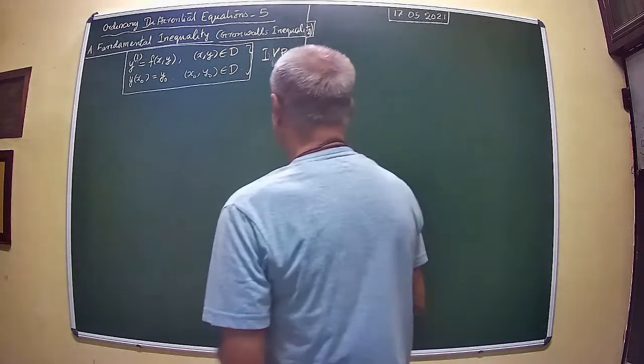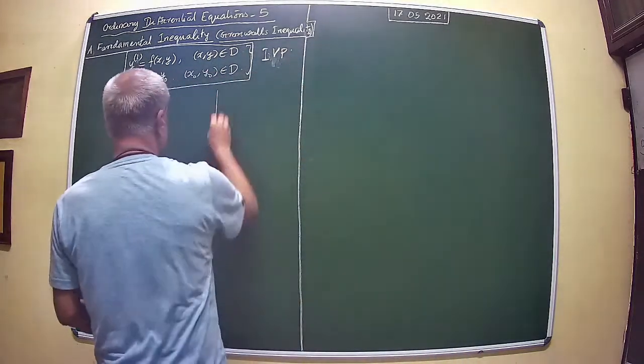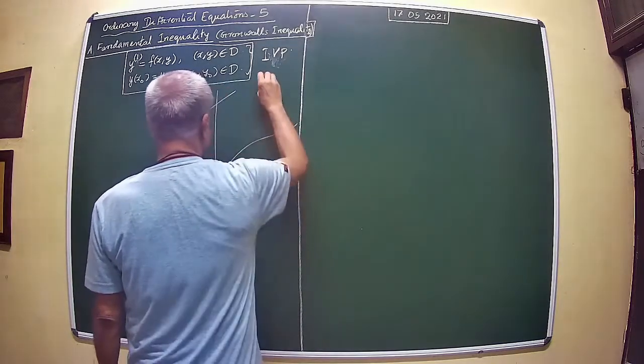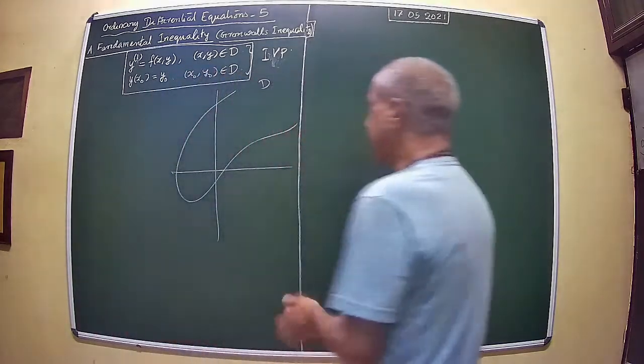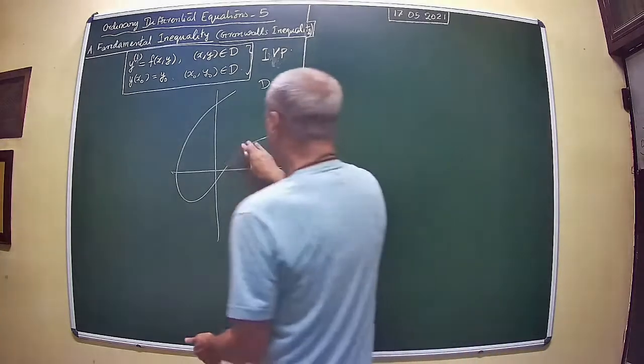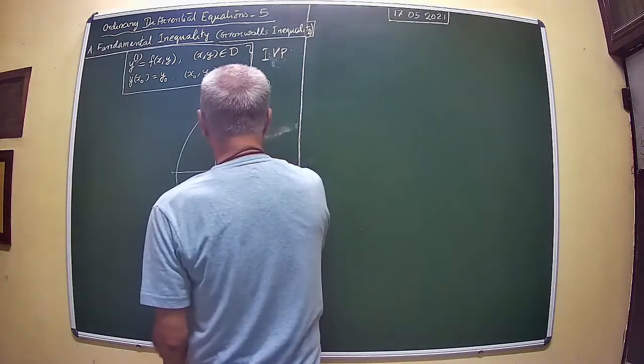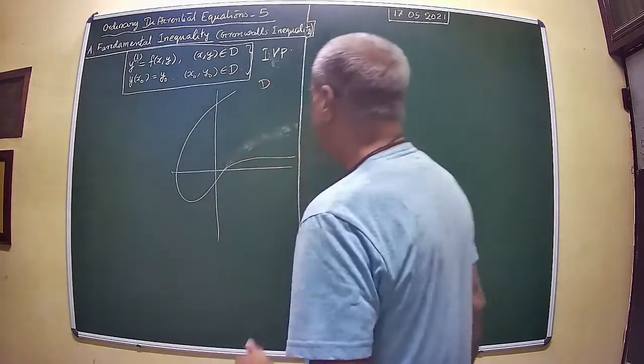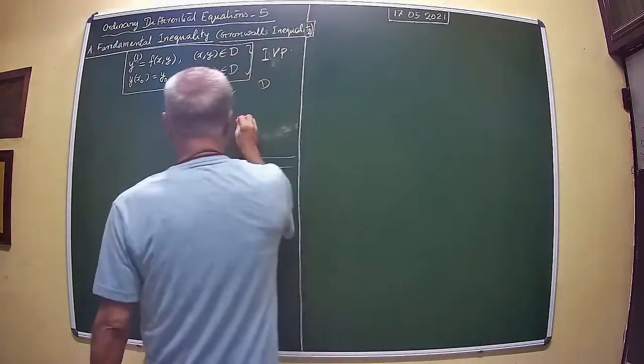And the geometry is this. This is D, and this need not be a bounded domain or anything. In D you have a point x naught, y naught given.